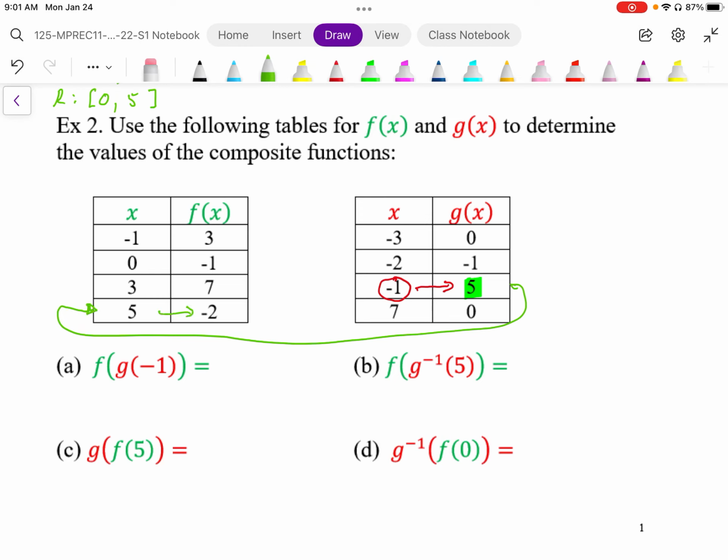Once I get the output of 5 as an input of f, the output of that function ends up being -2. So you can see there's a flow here from -1 to 5 in the g function. That output of g becomes the input of f, and then we get the output -2.